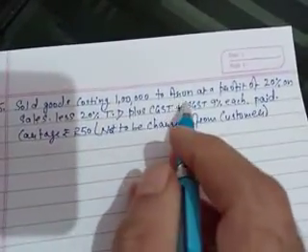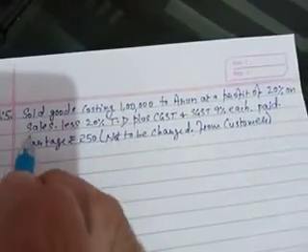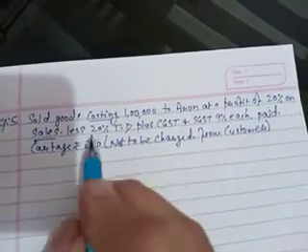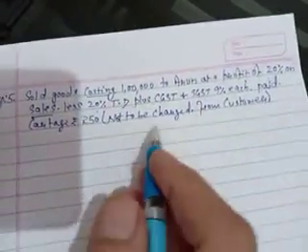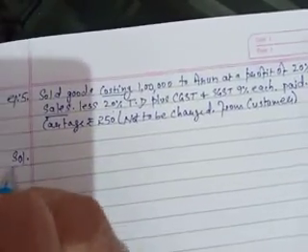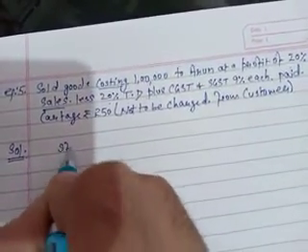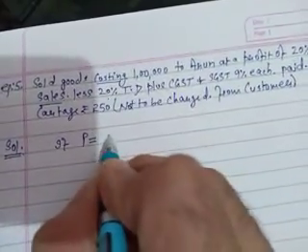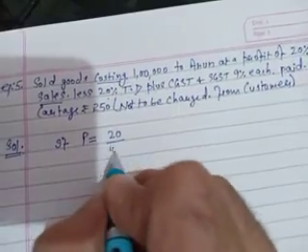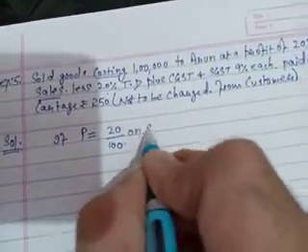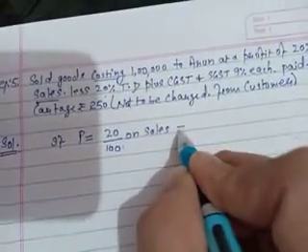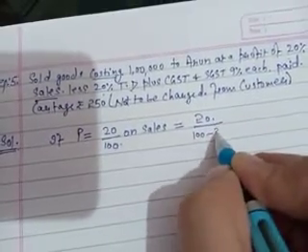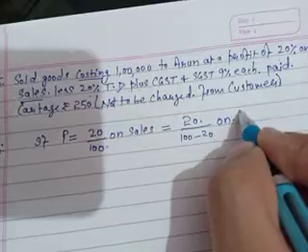Sold goods costing 1 lakh to Arun at a profit of 20% on sales. Here we are given cost, but the profit is on sales, less 20% trade discount. Now always remember, if profit is 20% on sales, it will be equal to 20 over 100 minus 20 on cost.